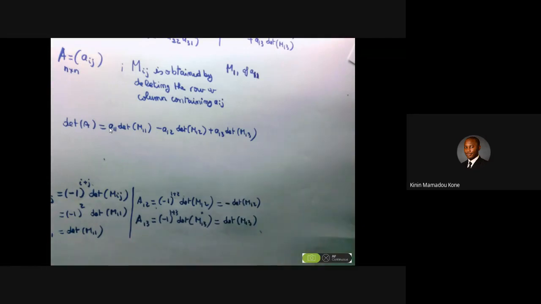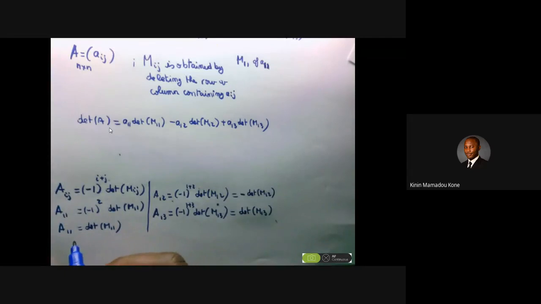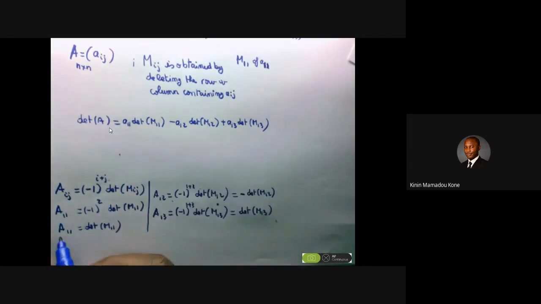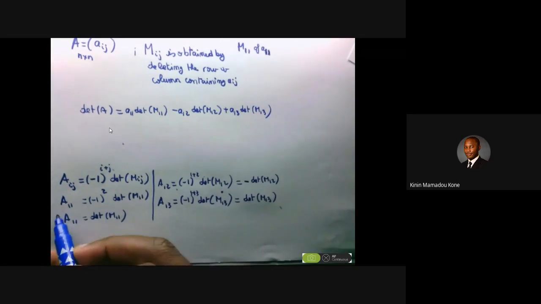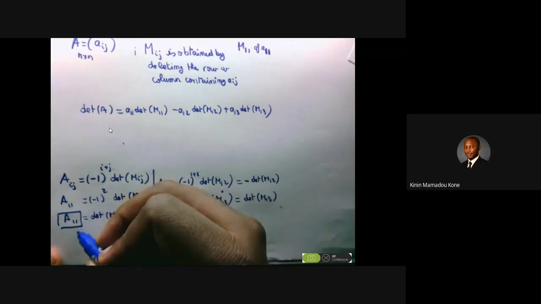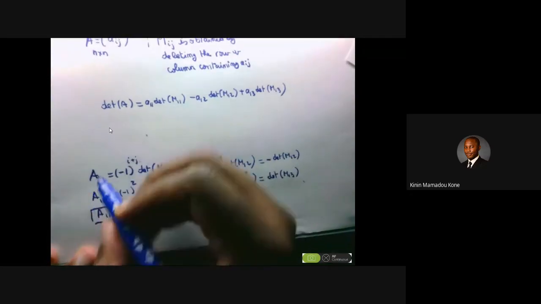So here is what I can notice something else. This one over here, the determinant of M11, can be replaced by A11 like this. The value here is what we call the cofactor.